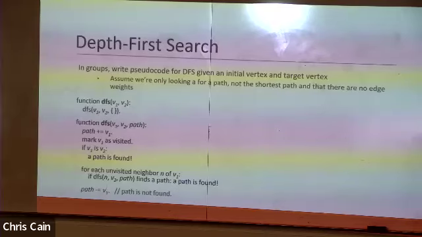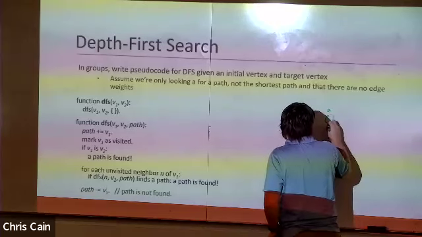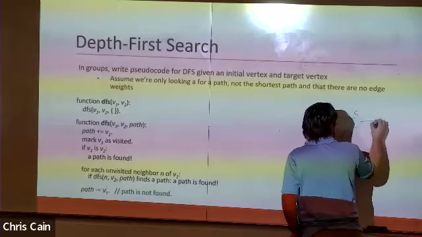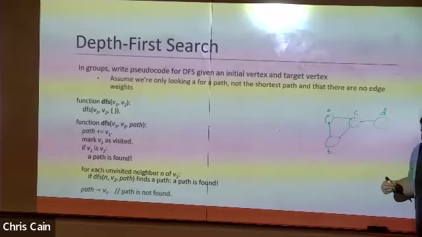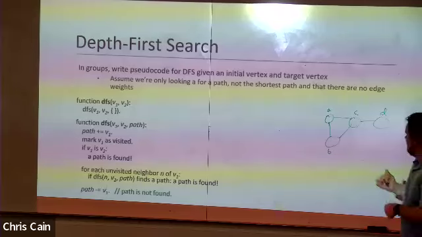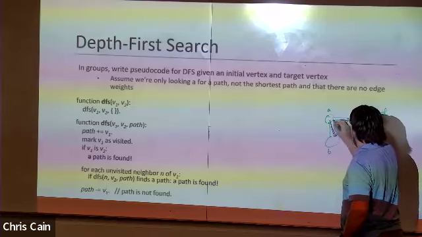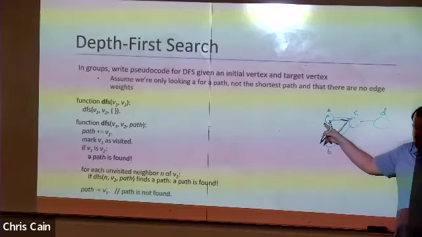You can imagine a graph with node A, node B, node C, and node D, and we want to find a path from A to D. If we do a depth first search of this and we don't store visited, the path we're going to take is something like A to B to C to A to B to C to A to B to C, and we're never going to explore D because we didn't mark A as visited.